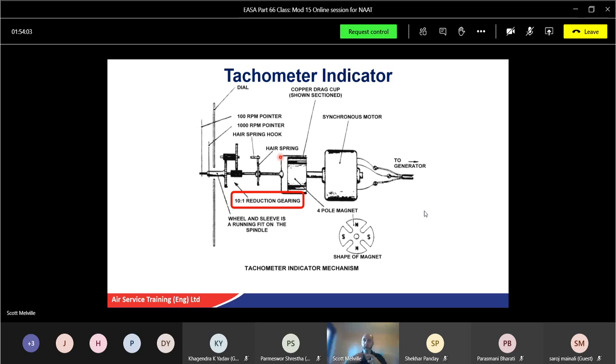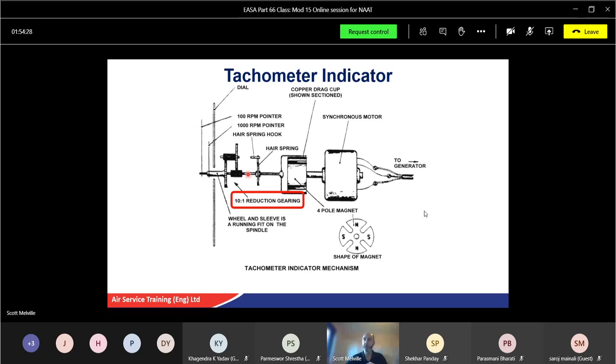And it has to get to a certain revolution before it actually starts spinning the cup. And the tension spring is calibrated to maintain that tension, because otherwise it'll be too fast and you get a false indication. Hence the calibration from the cup and the spring and the reduction gearing gives you the actual indication. Okay, and it's always a 10-to-1 reduction gearing on there.